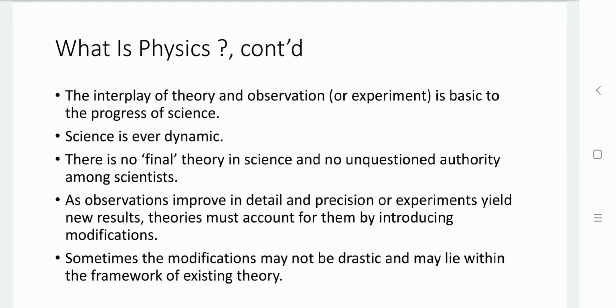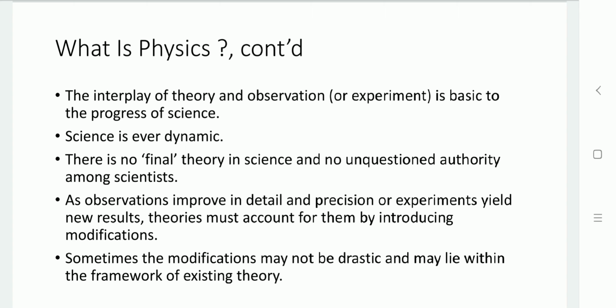An observation can improve the detail and give a precise result. We can do precision experiments to get a better response, to get a new result from the theories. That theory must account for them by introducing modification.